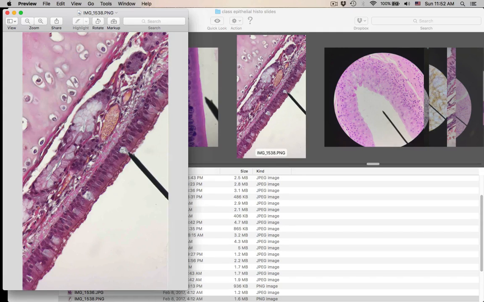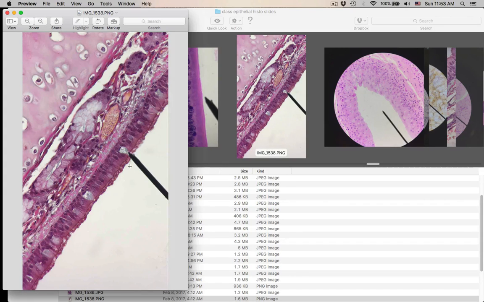We've seen this slide multiple times, but what are these white cells here? These are goblet cells. Now this is pseudostratified ciliated columnar epithelium, so this is going to be in the respiratory tract where air goes through. The function of these goblet cells, they make mucus.